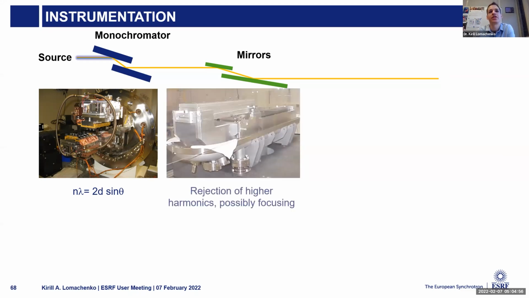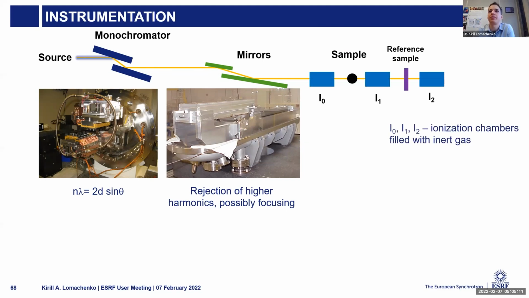So the mirrors help you to reject higher harmonics coming from the source, and also possibly to do the focusing of your beam. If you want to go to a micro beam or nano beam, you have to do it with mirrors. Then you have your sample and your detection system.